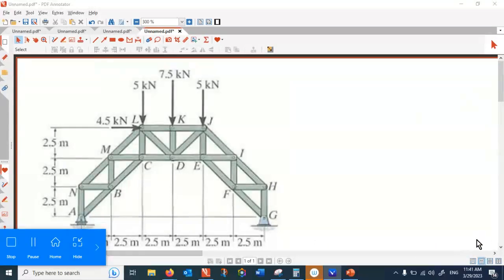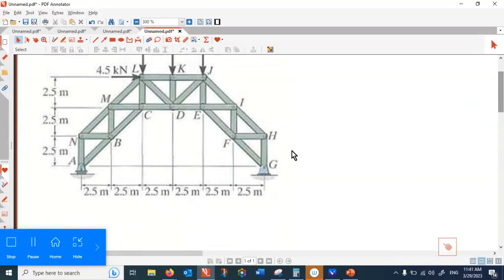All right. So I just release the structure from the support. And obviously, here I'm going to have one horizontal reaction, which is 4.5.